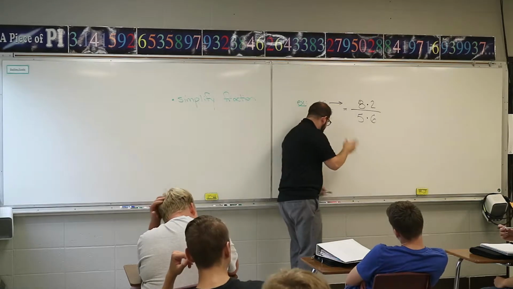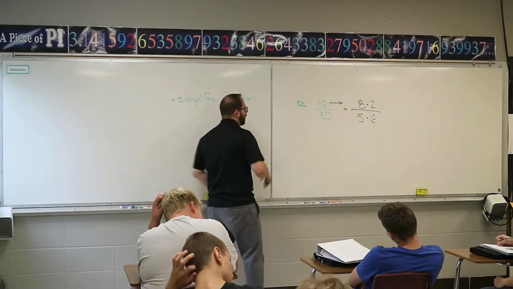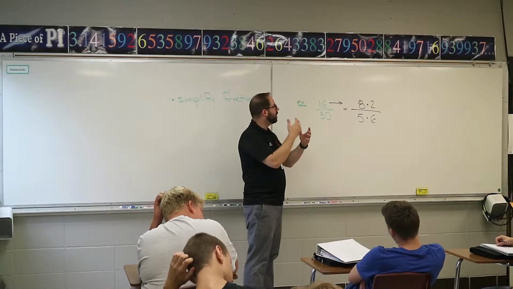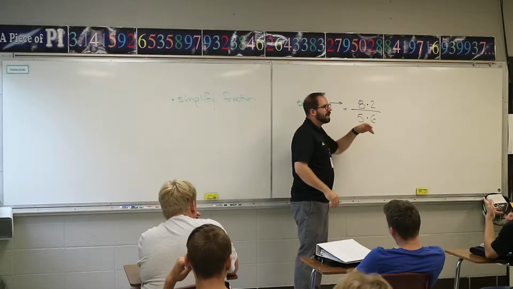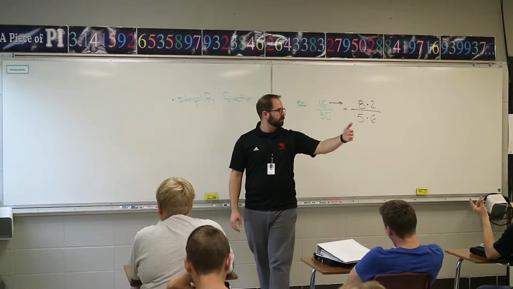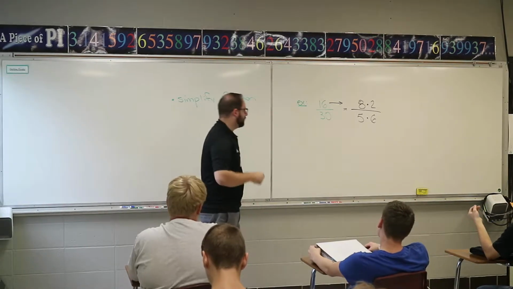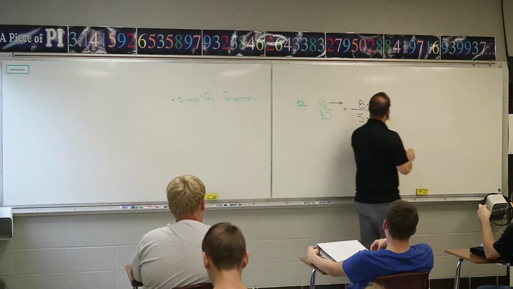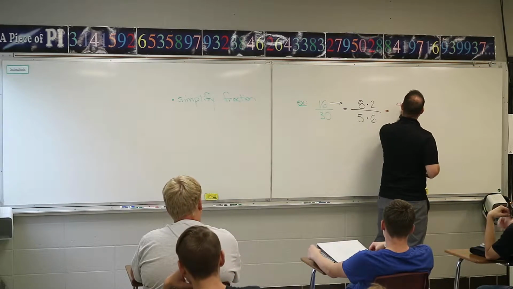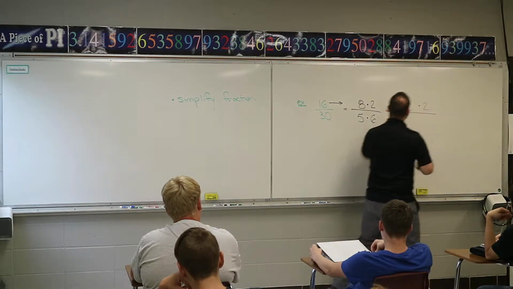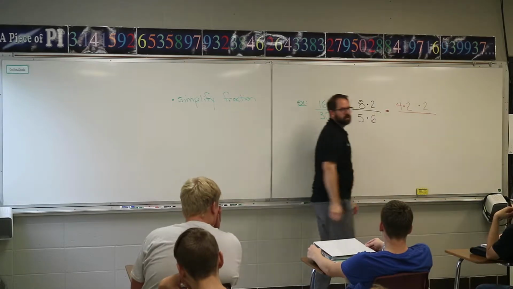So, now that we have the numbers picked out, you try to look at the numbers you have left. Can they split up further? Yes. Okay, so the 8 can. We can think of 2 numbers that multiply to give us 8, which are? 4 times 2. Yeah, 4 times 2 is the number 8. I just split up 8 right there, 4 times 2.